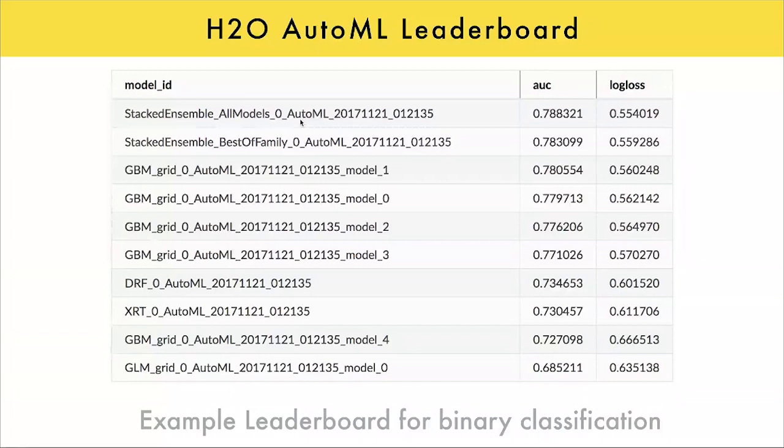What we see here is that GBMs were leading the way, and the stacked ensembles were the best. The all models ensemble was the very best, followed by best of family. And if you look at the numbers here, an AUC of almost 0.79 for the top one is quite a bit better than the top single model, which was that GBM there with 0.78.